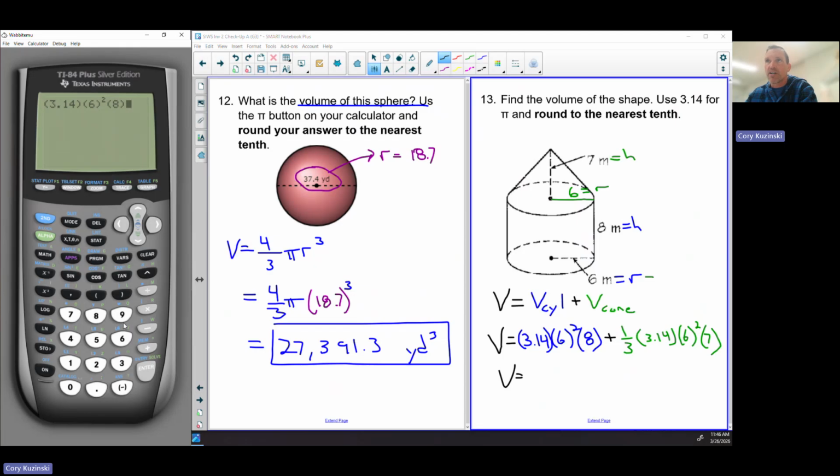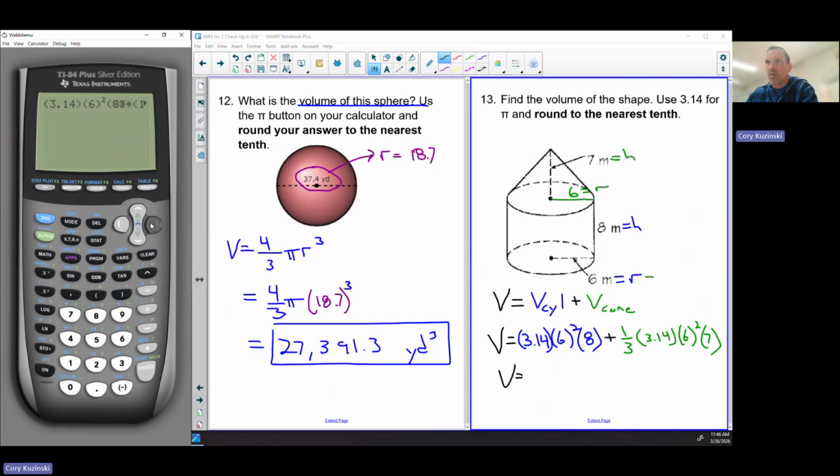Let's do it. It's a lot of work, but parentheses 3.14 parentheses 6 squared parentheses 8. Okay, so there's the volume of the cylinder plus 1/3 times pi times radius squared times height. So, a lot here. 3.14 pi r squared h. 3.14, 6 squared, 8.